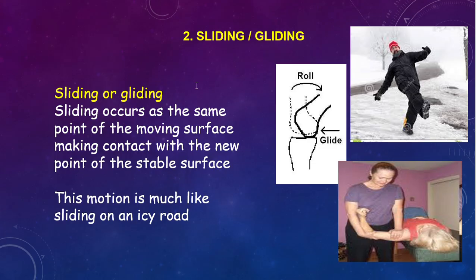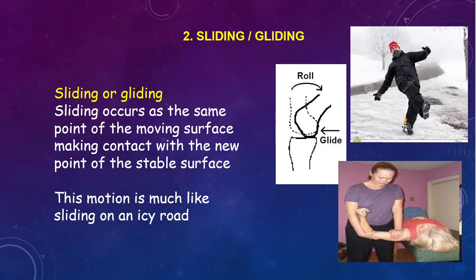How do we describe sliding or gliding? The best illustration of that would be to look at a man skating on an icy floor. All right, can you see the diagram of the man skating on an icy floor there? Now, the same surface of the shoe of the man will have to move from an old point to a new point, another new point, moving forward for the movement to take place.